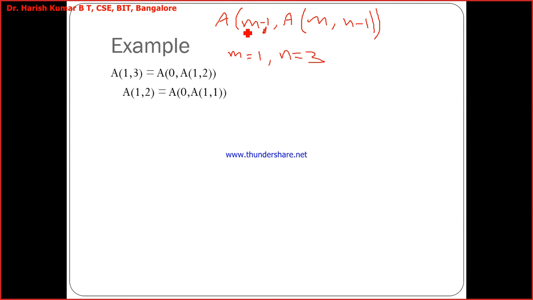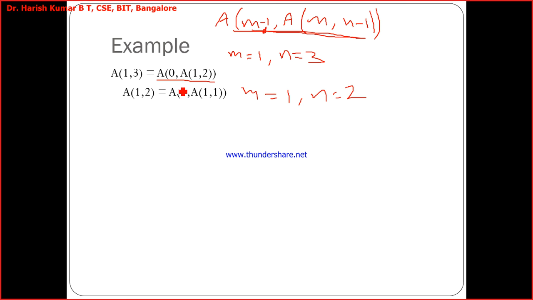Now when I apply this equation, this is what I'm getting, and again for this a of 1 comma 2 we are applying the third equation. Now for this equation m is equal to 1 and n is equal to 2, not 3 now.